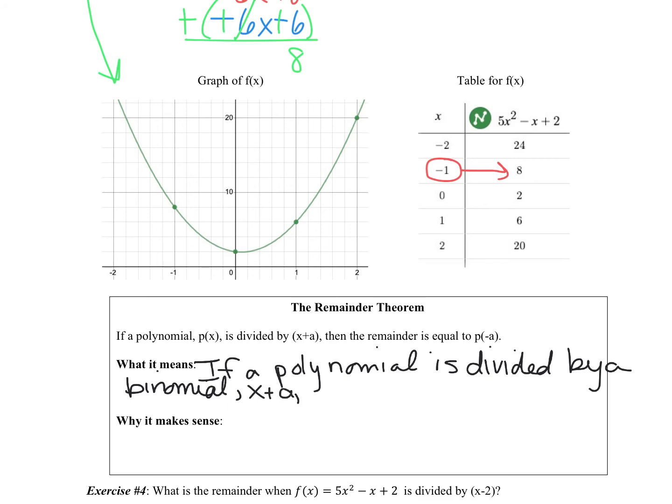So we were dividing by x plus 1 in this case. The remainder from the long division is equal to the value of the function at negative a.